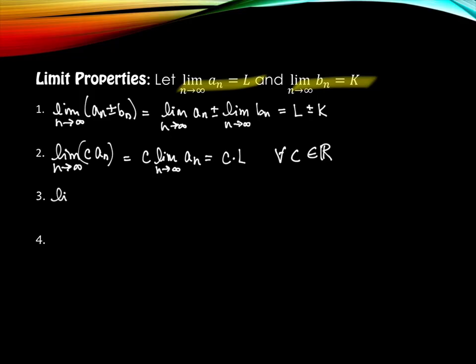The next one talks about what happens when you multiply them. Okay, so we have a sub n times b sub n. What do you suppose happens? It's the individual limits multiplied, right? You bet. So this is the limit as n goes to infinity of a sub n times the limit as n goes to infinity of b sub n.